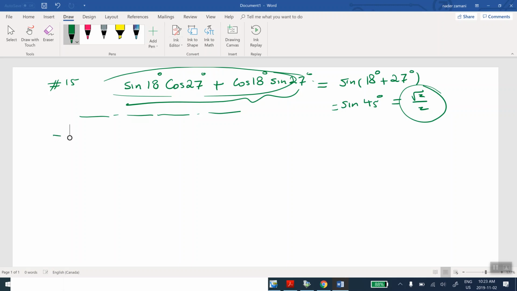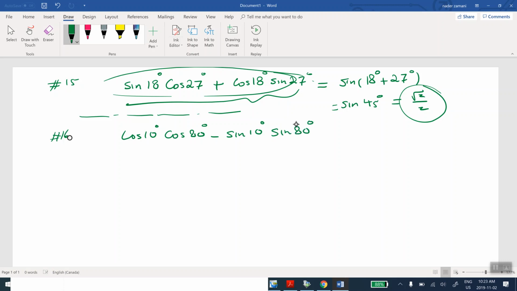Okay, let's do another one. Number 16 looks like this: cosine of 10 degrees, cosine of 80 degrees, minus sine of 10 degrees, sine of 80 degrees.